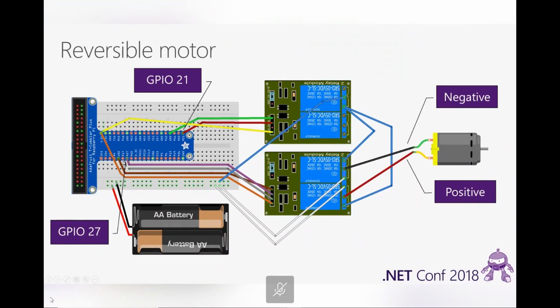Well, I wired this circuit in such a way that when these 2 relays on the second relay module are turned off, power flows one way through the circuit. And then when we've turned them both on at the same time, we use a different set of wires, and power flows the other way, reversing the polarity of the motor.